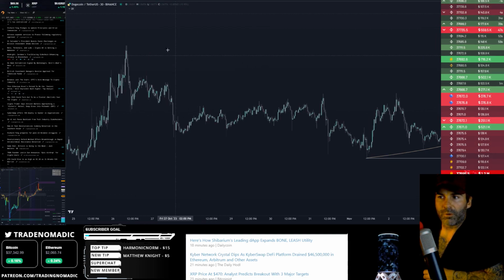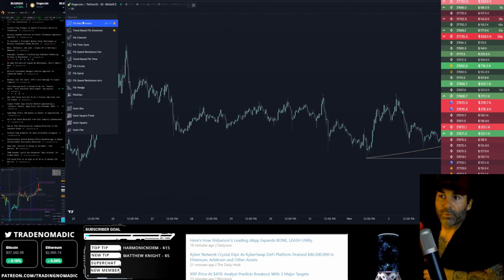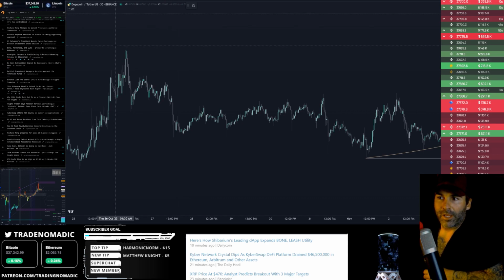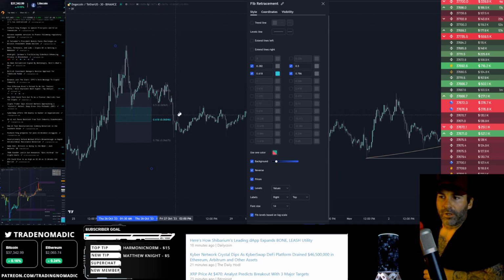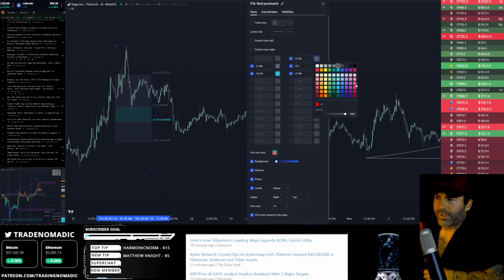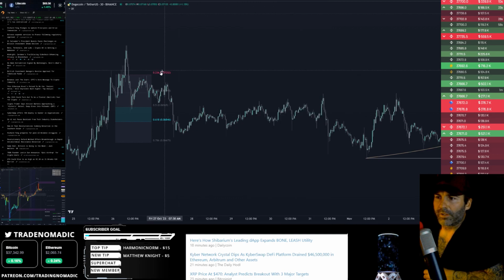So what we're going to do is when you get your first move off of a top like that, one that undercuts the previous lows, one way of identifying that a correction is taking place is if you retrace deeper than the 286 or the 236, right?